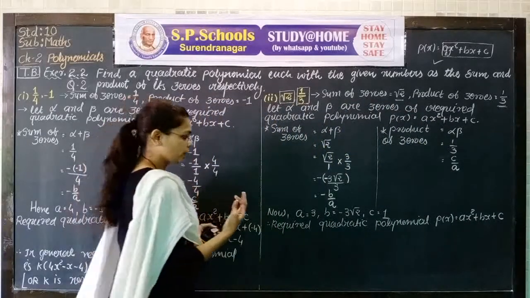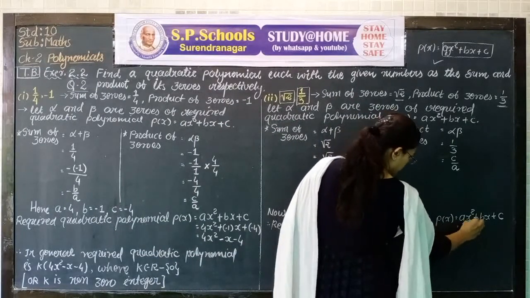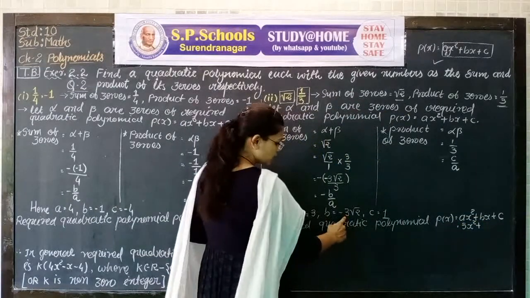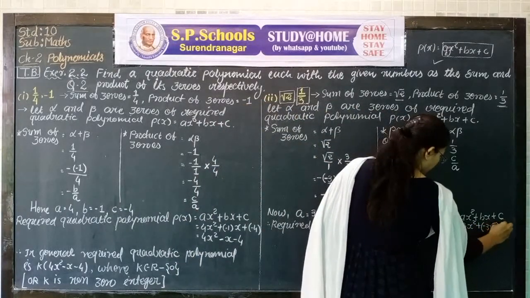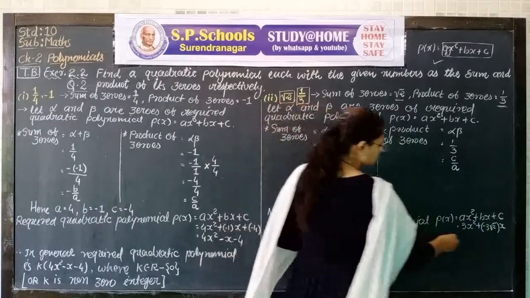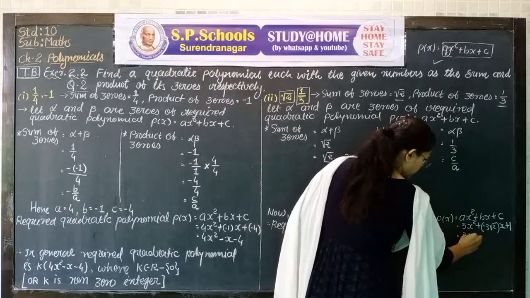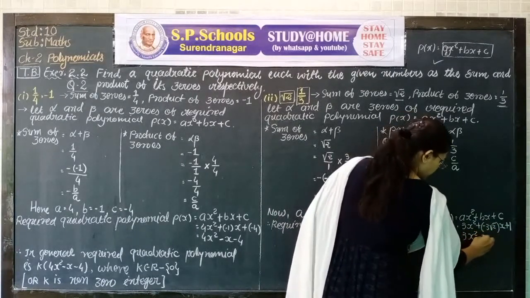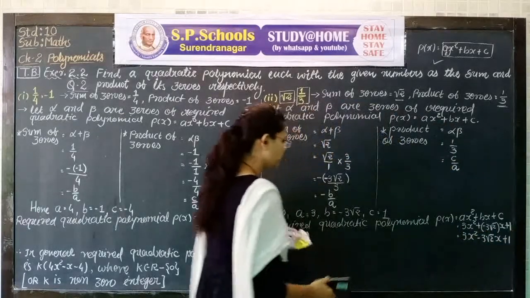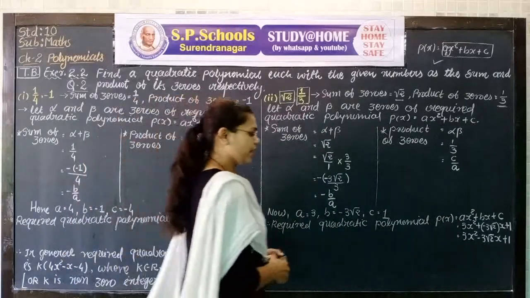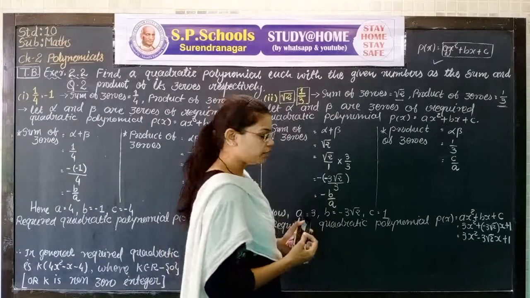Now we put the values of a, b and c. Instead of a is 3, x square as it is, plus instead of b is minus 3 root 2, x remains as it is, and instead of c is plus 1. Simplify: 3x square minus 3 root 2 x plus 1 is our required quadratic polynomial.